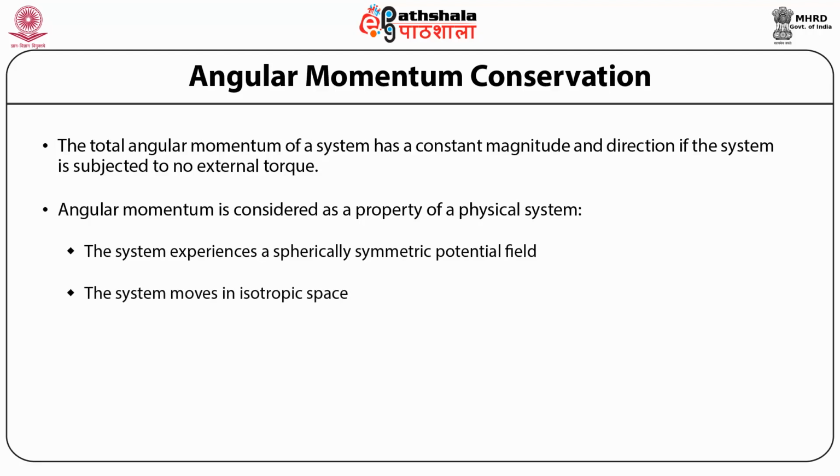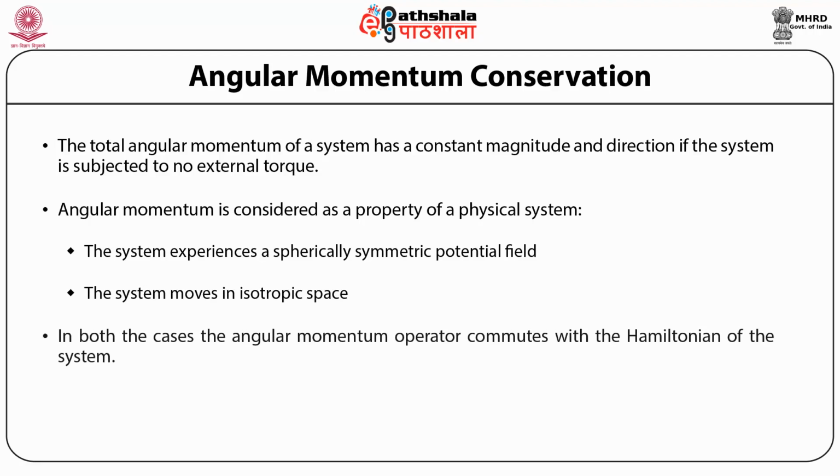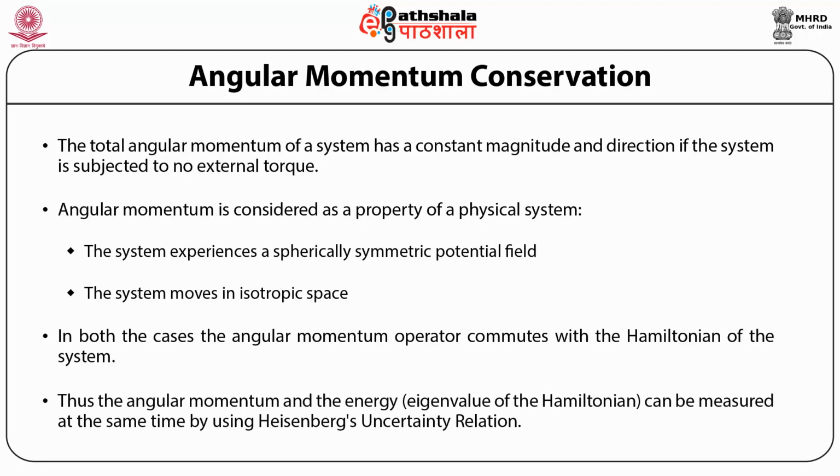The system moves in isotropic space, and in both the cases the angular momentum operator commutes with the Hamiltonian of the system. Thus the angular momentum and the energy eigenvalue of the Hamiltonian can be measured at the same time, by using Heisenberg's uncertainty relation.